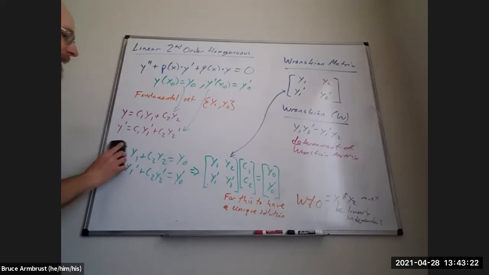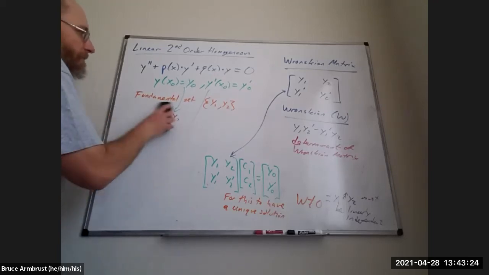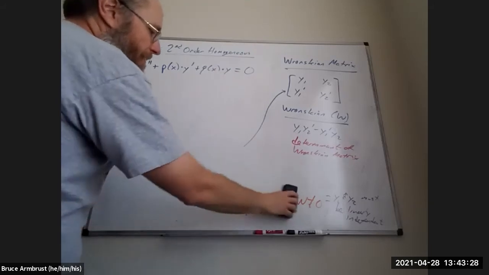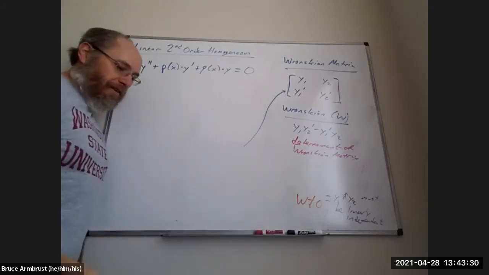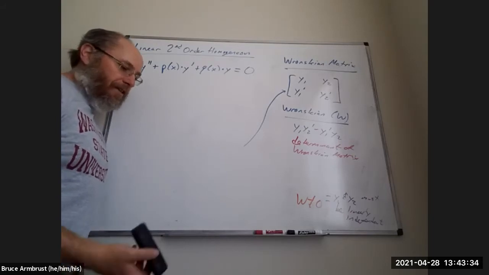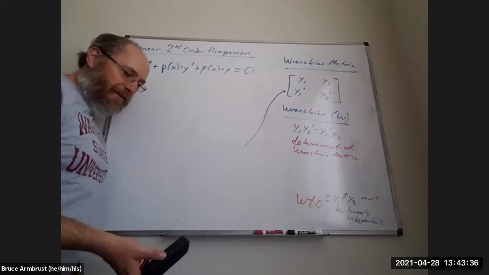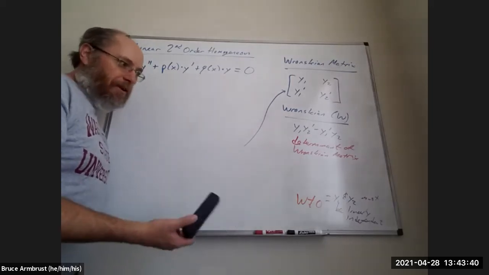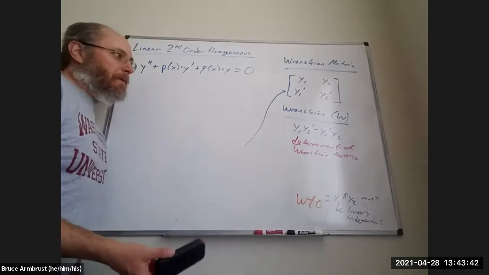All right, so I guess that gives us another theorem. We can say that the fundamental set exists if the Wronskian is not equal to 0, right?